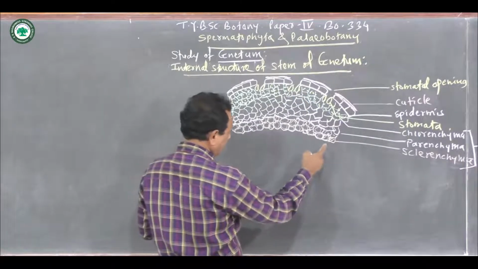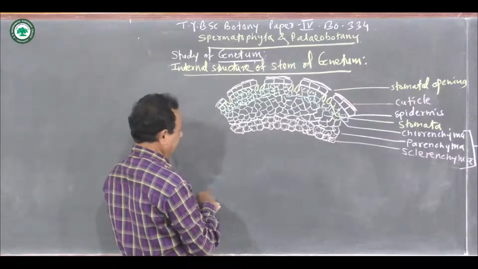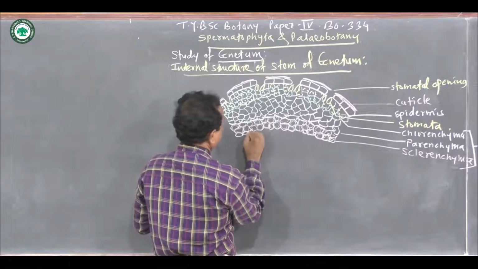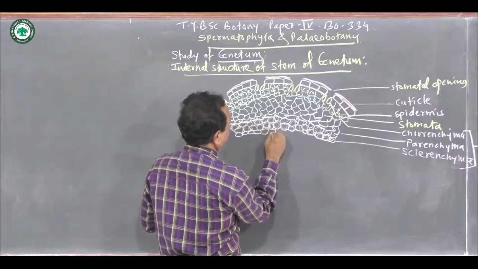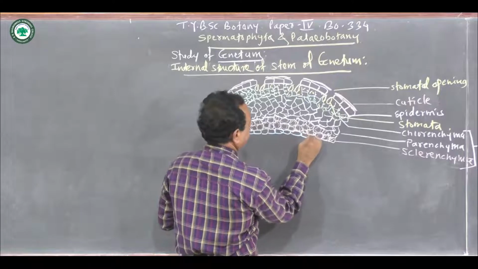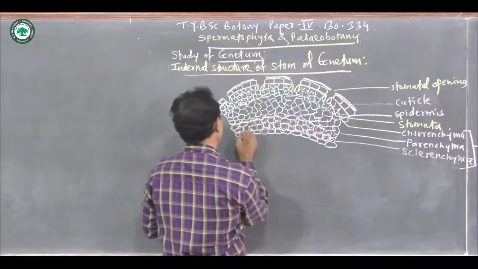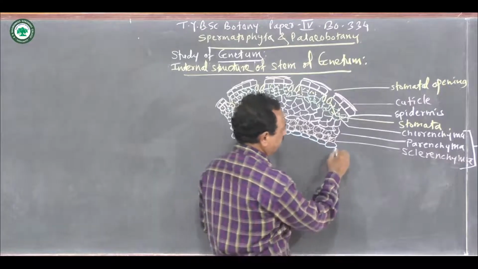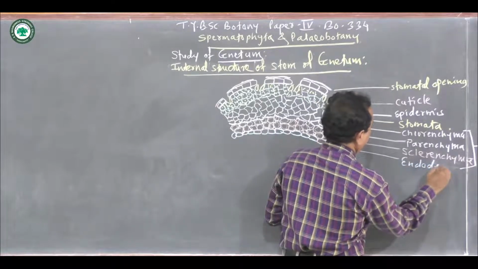So here, the innermost layer of the cortex later on functions as the endodermis. So this endodermis is single layered. The cells of the endodermis are radially elongated. So thus here, this is the endodermis.